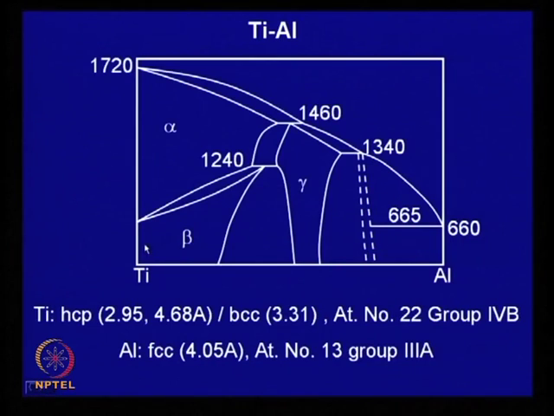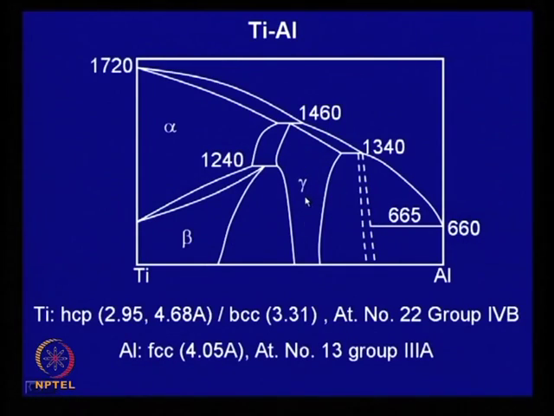At room temperature it is hexagonal, these are the lattice parameters of the HCP, but at high temperature it is BCC. So, at a high temperature it will be easier to work than at room temperature, and an intermediate phase also is there.